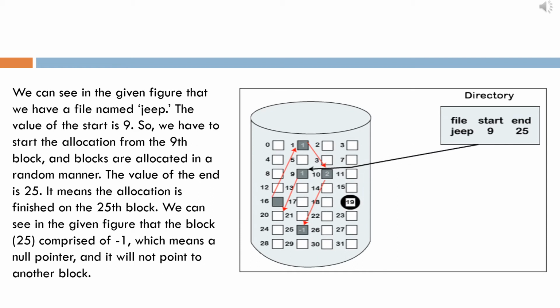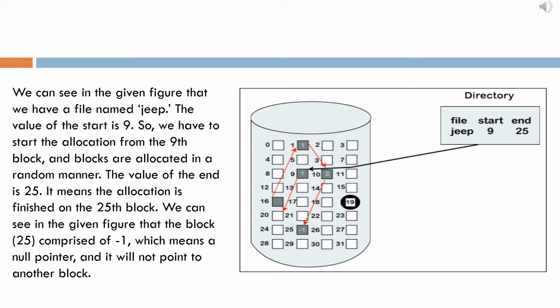Let us discuss an example of linked list allocation. We can see in the given figure that we have a file named zip. The value of the start is 9. So we have to start the allocation from the 9th block, and blocks are allocated in a random manner.